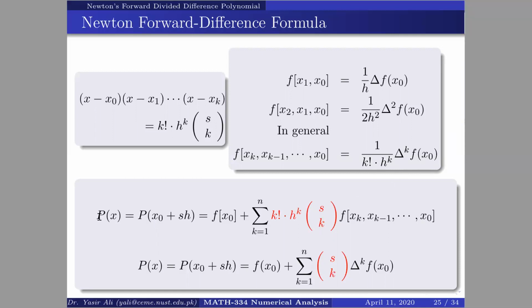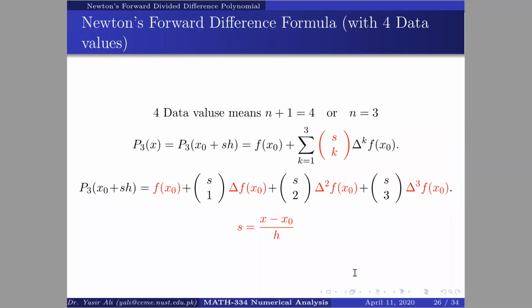So if I use all this in the Newton divided difference, then the term k factorial into h power k cancels out on both sides, and from here we are left with s c k, and from here we are left with the difference part. So this is the variant which will help us find the polynomial for equally spaced data.